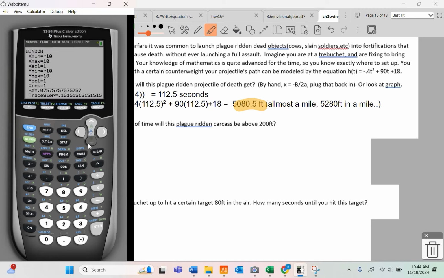But you'd probably be that kid who thinks, okay, maybe the x max is 20. You're never going to get anywhere. You're going to have to set the y max to be at least 6,000. And you're also going to have to look to the right, because it took 112.5 seconds to get to the vertex. So a good window would probably have about 300 for an x max. That would be the whole parabola plus quite a bit more.